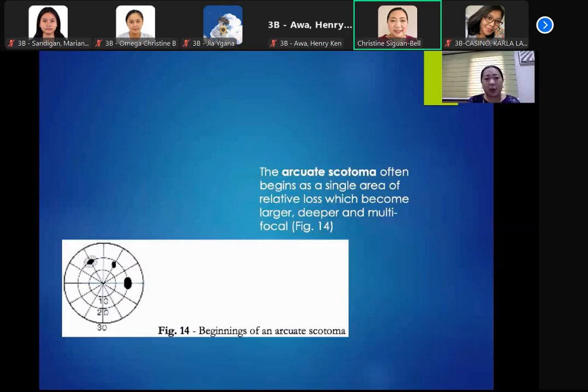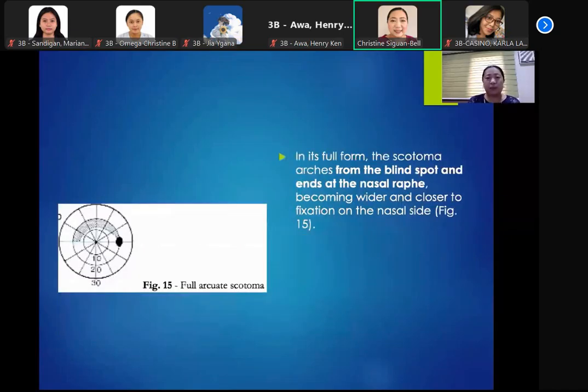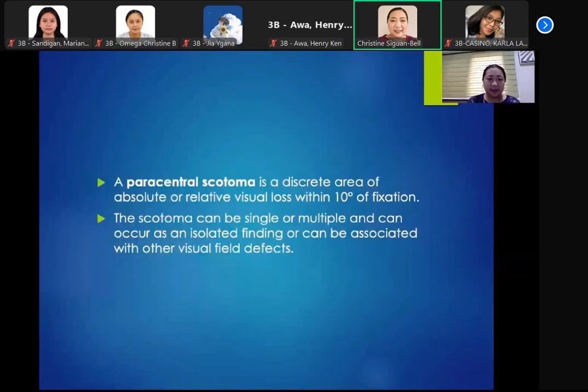This is the beginning of an arcuate scotoma. An arcuate scotoma often begins as a single area of relative loss which becomes larger, deeper, and multifocal. A full arcuate scotoma arises from the blind spot and ends at the nasal raphe. It becomes wider and closer to the fixation on the nasal side.